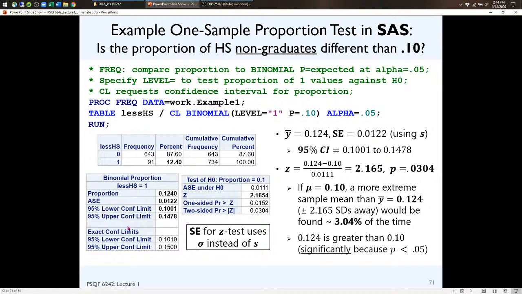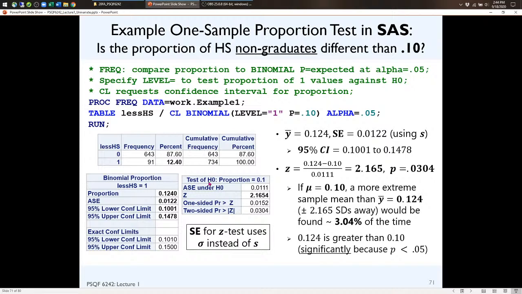SAS also gives you the exact confidence interval. This will not match Stata's output exactly, and so I'm not going to ever ask for that, but just as an FYI, this is trying to do corrections to account for potential problems in the results due to small samples.